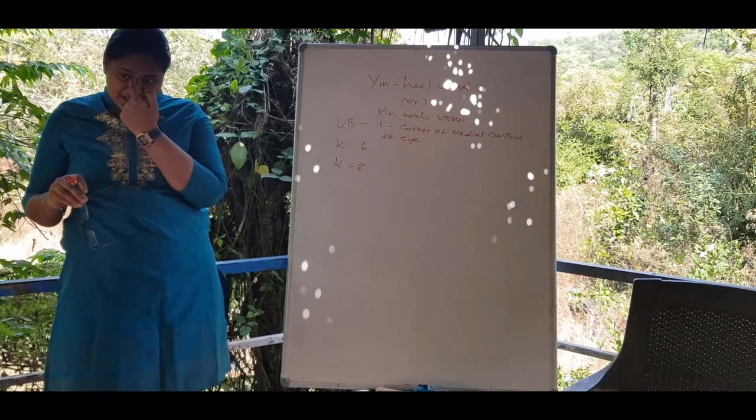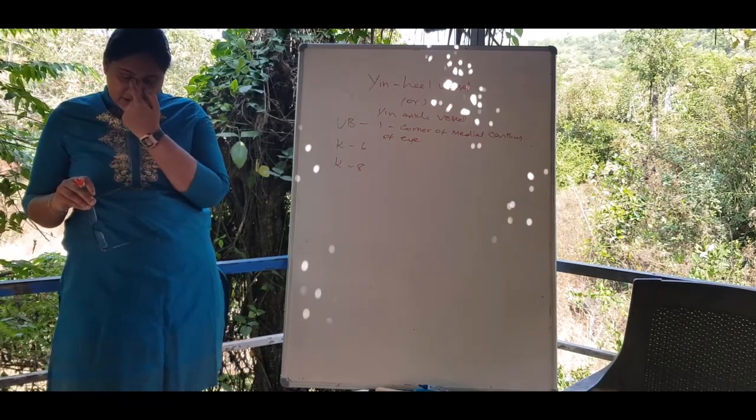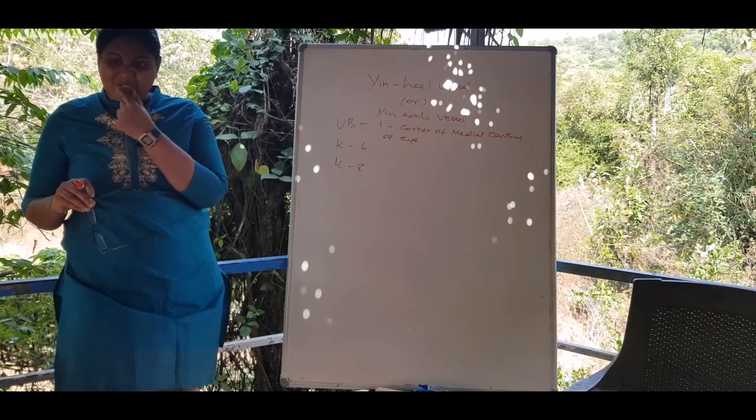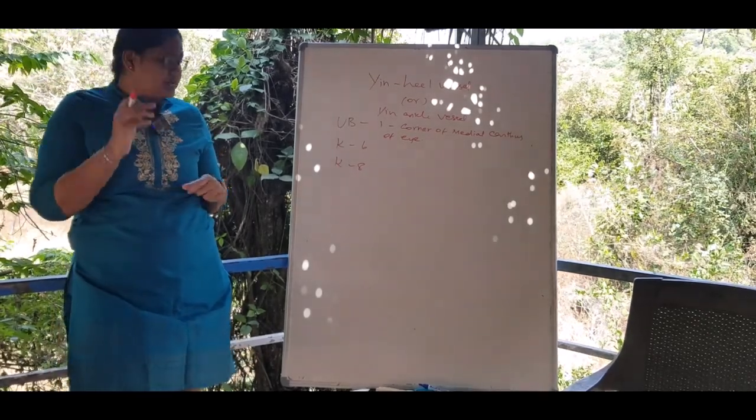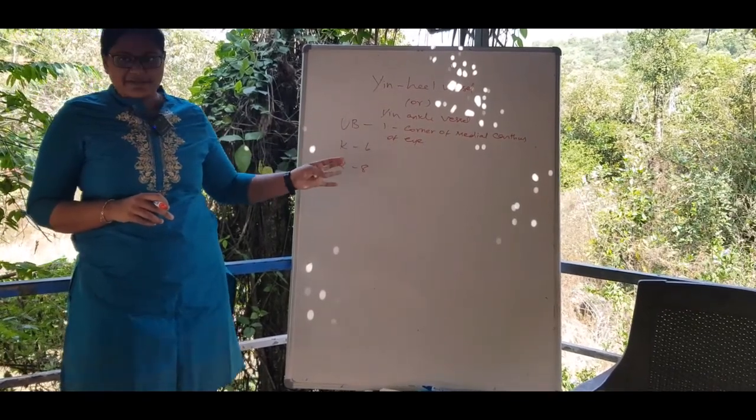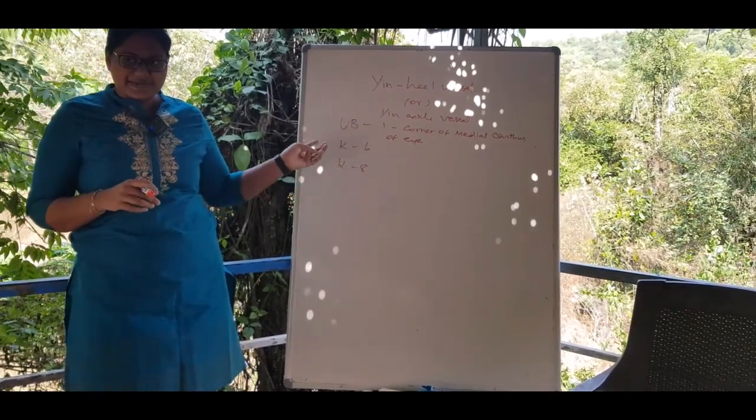If it is on the medial side, it is called the medial canthus. If it is on the lateral side, it is called the lateral canthus. UB1 is located at the corner of the medial canthus of the eye. The UB meridian starts from here.